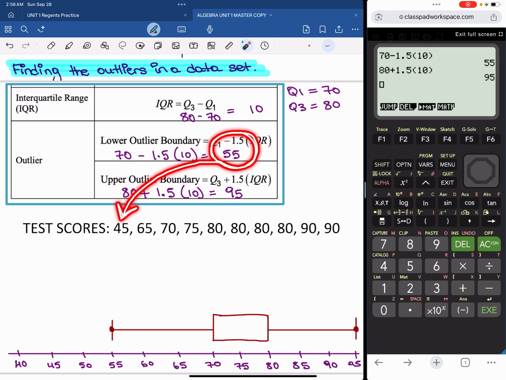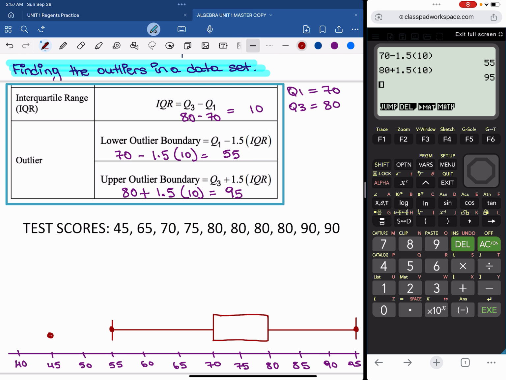So 45 would be considered an outlier here, right? Notice in the diagram that we drew out, our fence stopped right here at 55, and we have 45 in our data set, which would be placed right over here. So since this 45 is outside or below our fence, 45 is considered our outlier.